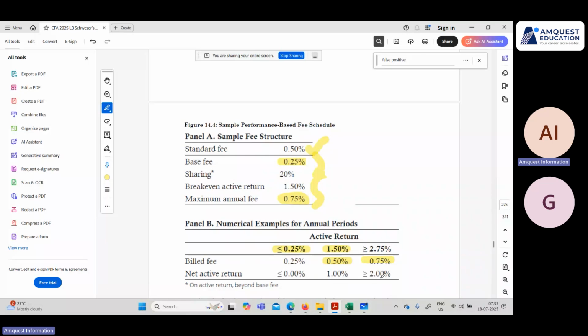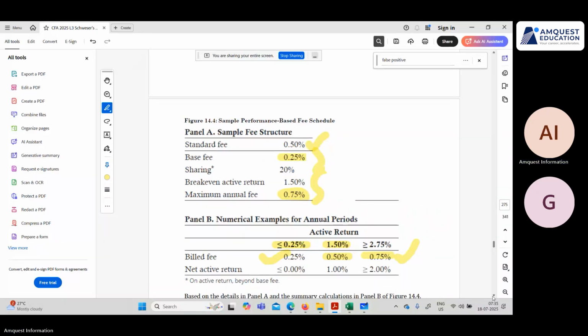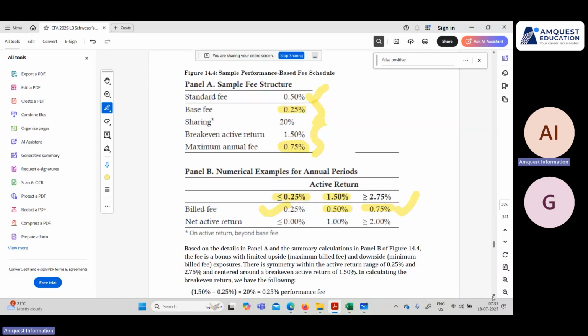And again, that's a trade-off, because if you select 0.50, you will benefit here, but you will be at a loss over here.